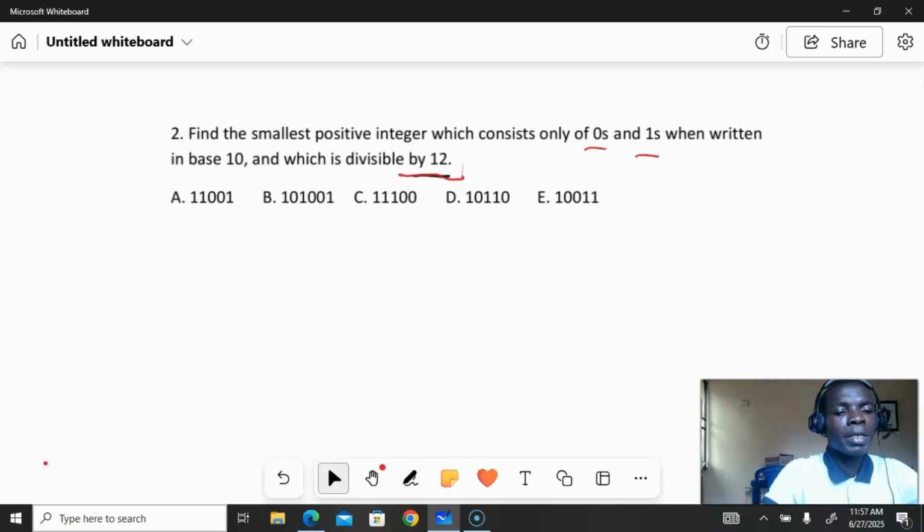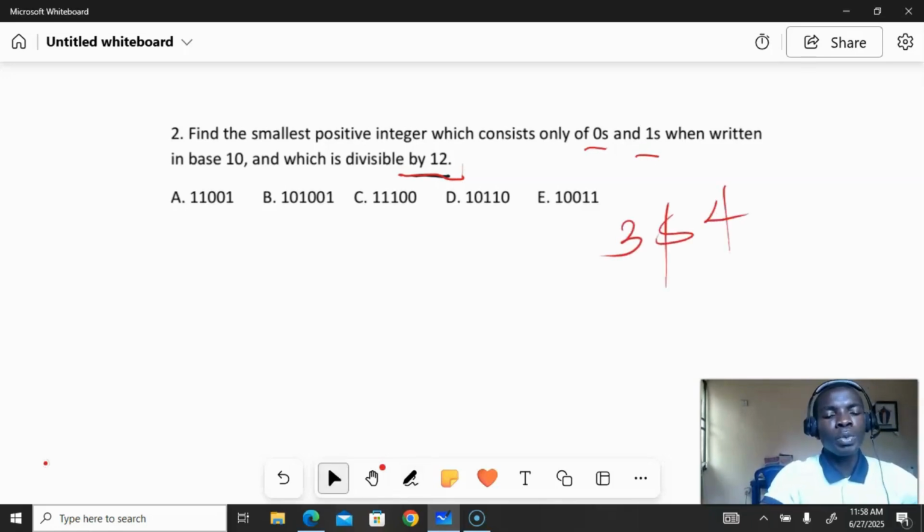How do we know a number is divisible by 12? Based on the divisibility rule for 12, usually most of you stop at 11 in the general class, but in competition class, you have to learn the divisibility rule for numbers bigger than 11. So for 12, for example, how will I tell that a number is divisible by 12? Based on elementary concepts in number theory, a number is divisible by 12 if the number is divisible by 3 and 4.